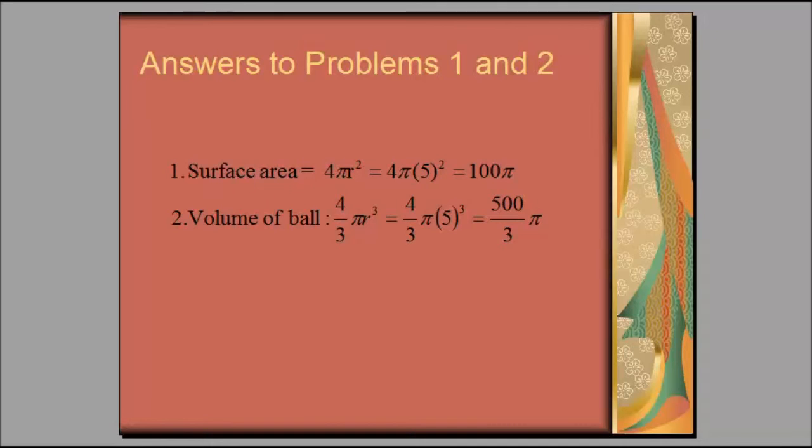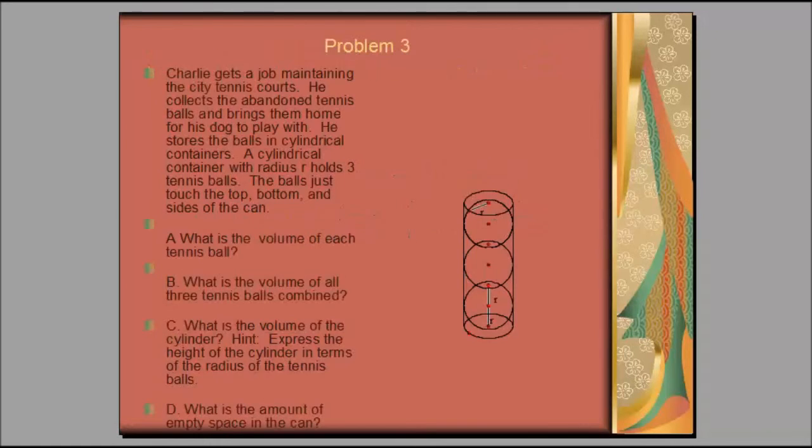This becomes 4/3 pi times 125, which becomes 500 over 3 pi. The only trick to doing these problems is to remember that the diameter was given as 10, and you must take half of 10, which is 5, which is the radius of the ball. You can only use these formulas with the radius and not with the diameter.